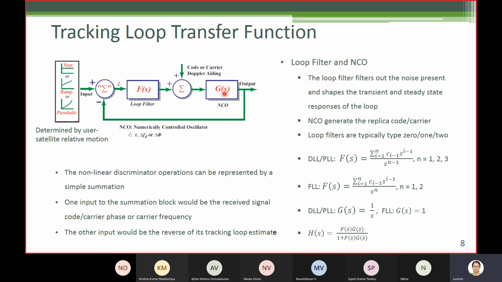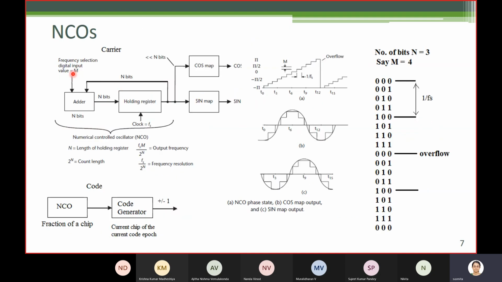How about the transfer function of the NCO? What transfer function should be used for the NCO? For that, we need to understand the input and output of the NCO. We noted that M is adjusted based on the loop filter corrections. How is M related? M is actually proportional to frequency, the output frequency. And M is corrected based on the loop filter output.